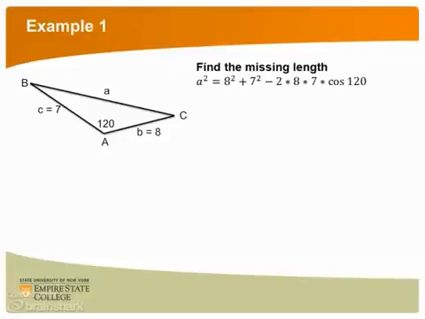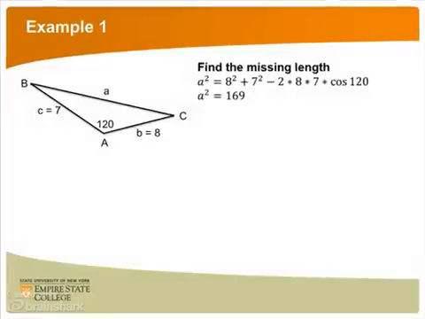Plugging in our given information, we have a squared equal to 8 squared plus 7 squared minus 2 times the product of 8, 7, and the cosine of 120 degrees. Calculating, we find that a squared equals 169. To find length a, we take the square root. This gives us a equals 13.